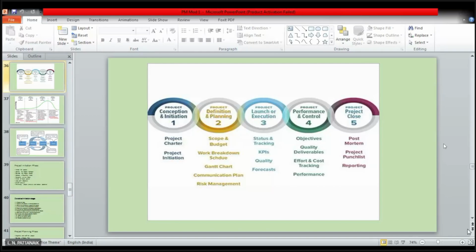So in that case, this expediting of the activities to complete the project in time is also a function under the fourth stage, that is performance and control. So checking the performance, that is whether the activities are as per the schedule, as per the scope or not, and controlling it, monitoring it, taking corrective measures or actions is also part of the fourth stage.